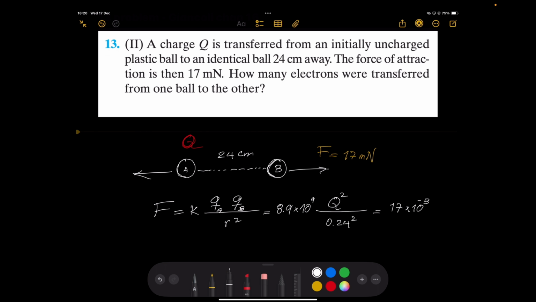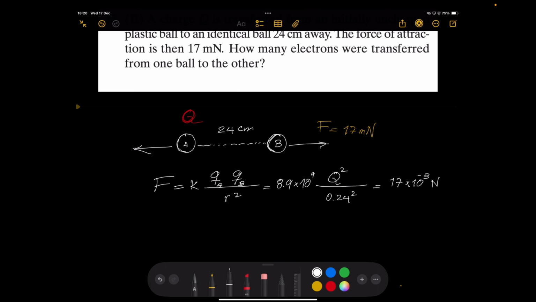Sorry, I didn't mean millimeters, I meant millinewtons.